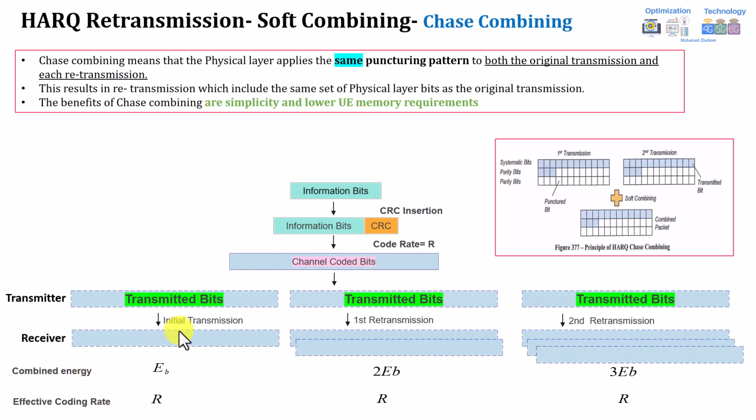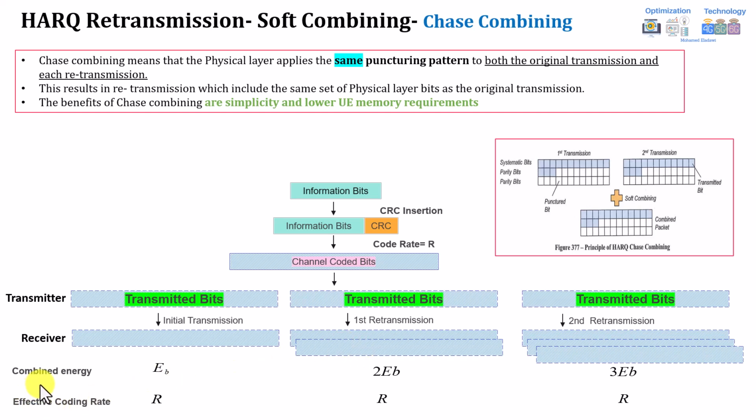So the initial transmission was received by the receiver, but in this case an error was detected, so the receiver requested a retransmission. The first retransmission was done here, and once it failed, it requested a second retransmission and so on. As you can see, in chase combining each retransmission repeats the exact same information as mentioned before, and the receiver soft combines all the received signals.